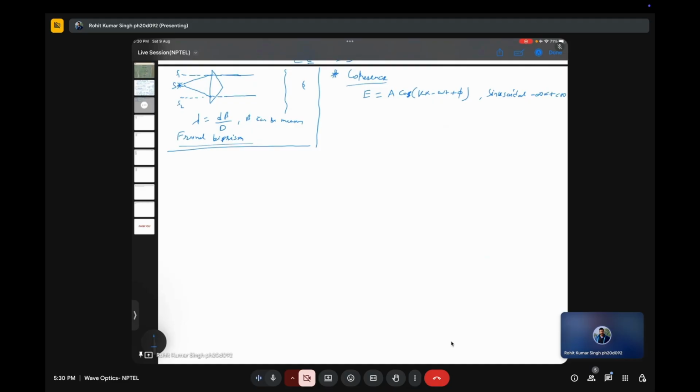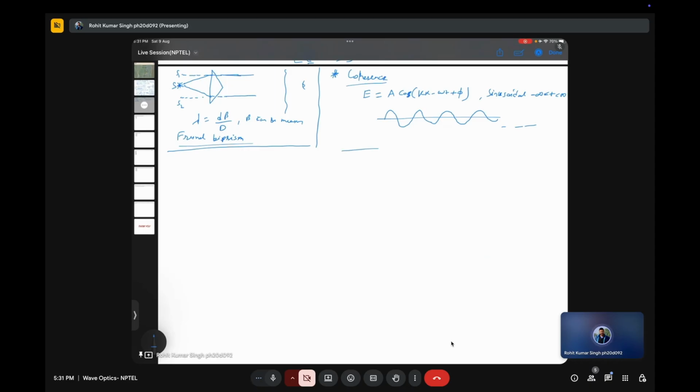Okay, so at all times this is sinusoidal, but that is not the case in real life, right? You cannot have a source of light which can produce a perfect sinusoidal wave till infinity time. So this is what we want, so perfect sinusoidal till infinity.